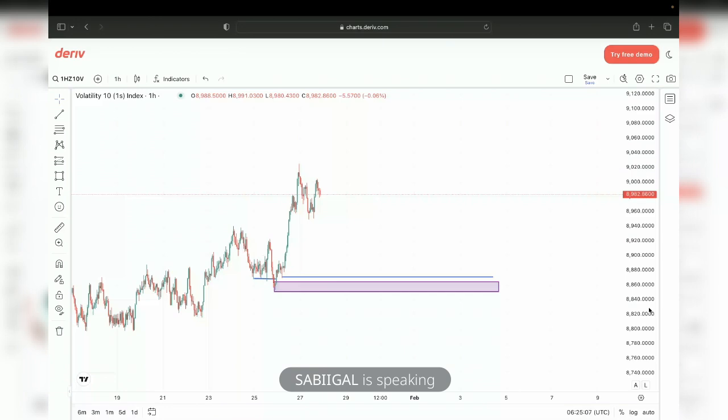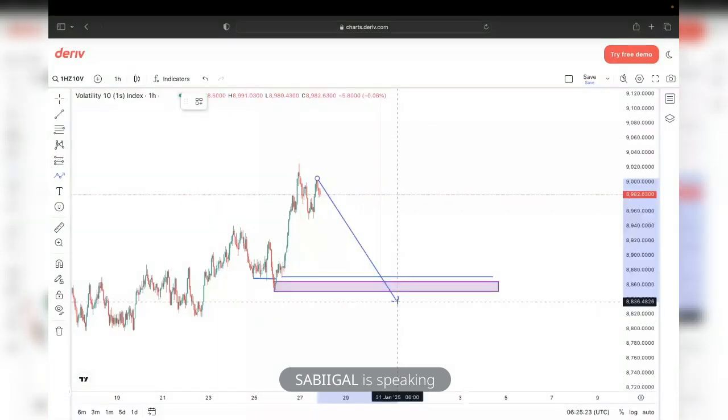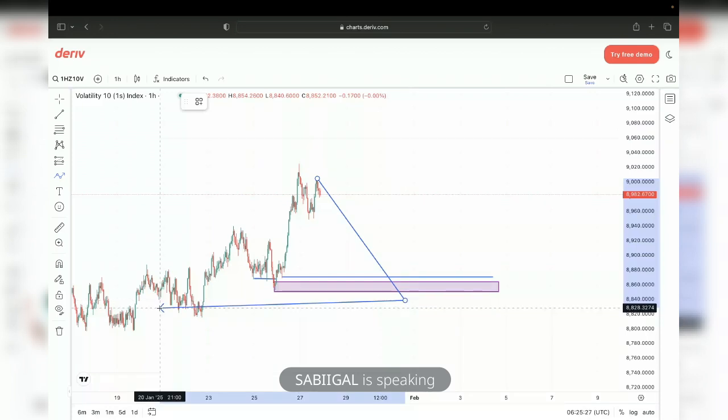Everything you're taking is a risk. So if price takes out this low, it's better if price takes out the low and then taps on, just as I said before. Let's say the nearest point of interest, demand zone here, is this point.